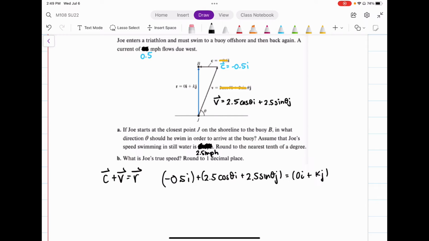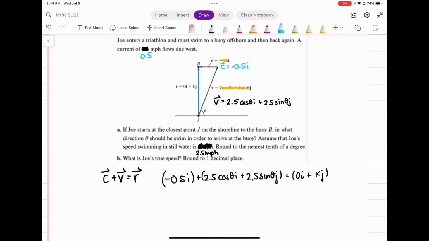Replacing the vectors with the information we have, I want to find theta, and theta is attached to sine and cosine, both i and j. But I can use the fact that they sum to either 0i or kj, depending on the pieces I want to use. Setting 2.5 sine theta j equal to kj is not going to help me because of that variable k.